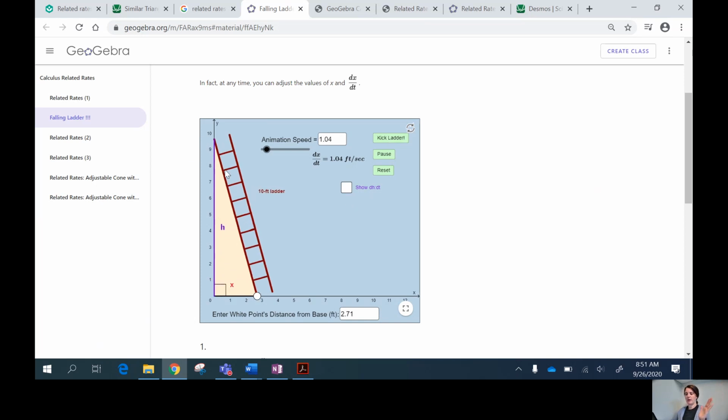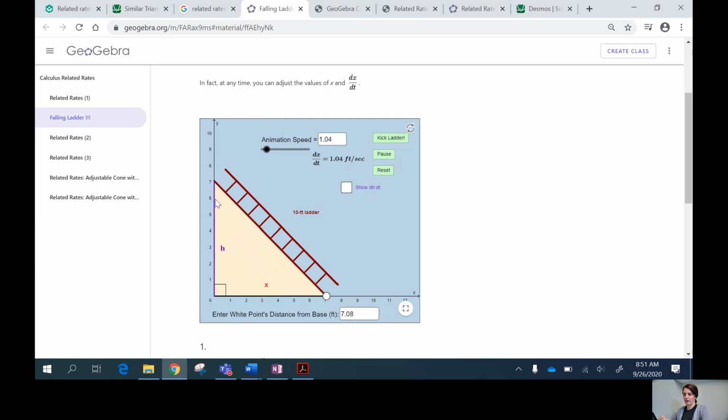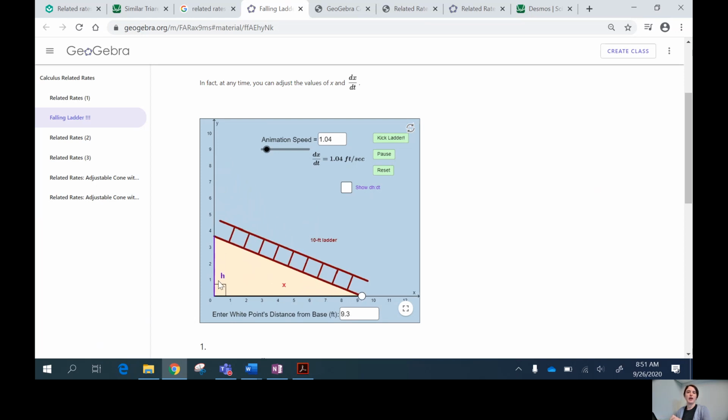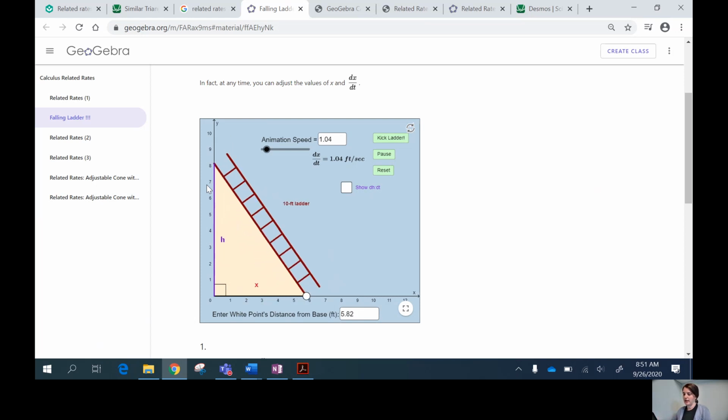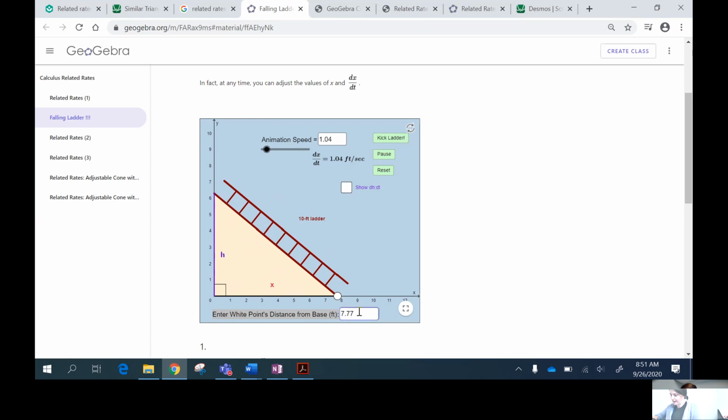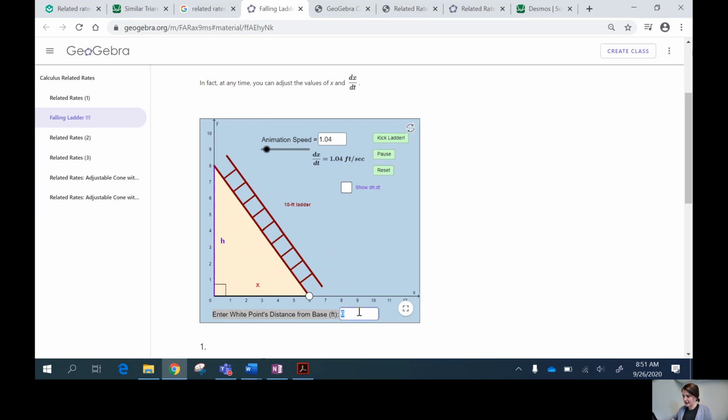See the ladder here is falling away from the wall, and the height there, that's what we want to know: how fast the ladder is falling down, meaning how is that h, that distance h, changing with time? Okay, so that's what we're interested in, and we're interested in right when this distance x is 6 feet.